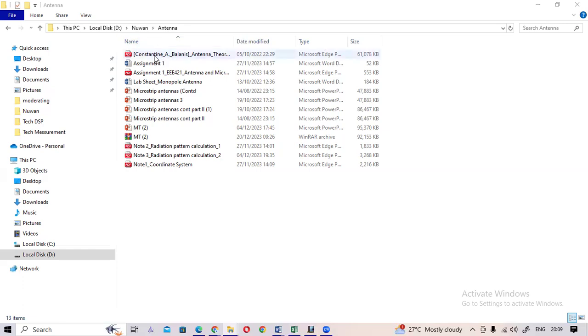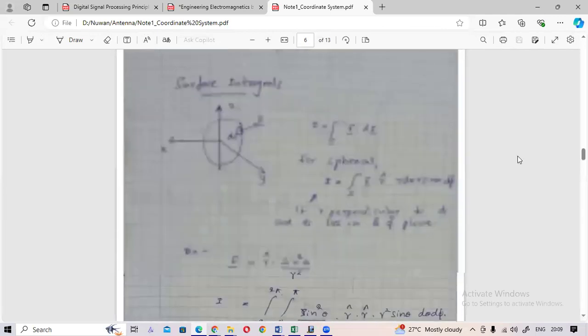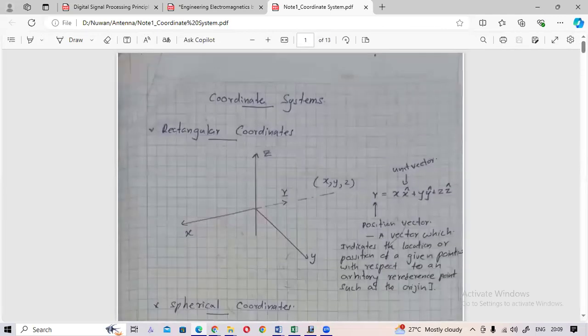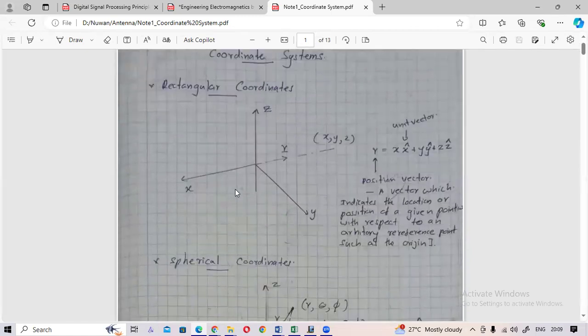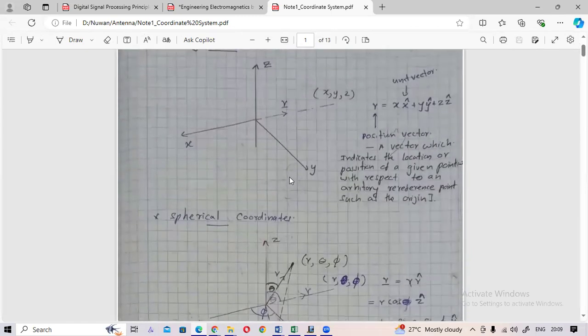Okay, just give me a moment. You should have this understanding about the coordinate system. As I told you, this is a position vector, and the position vector can be represented like this.